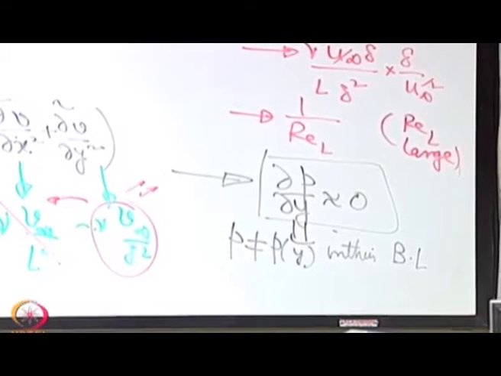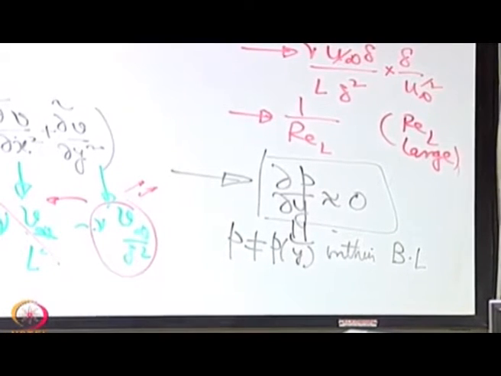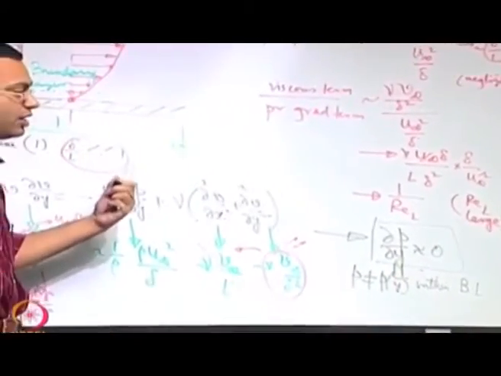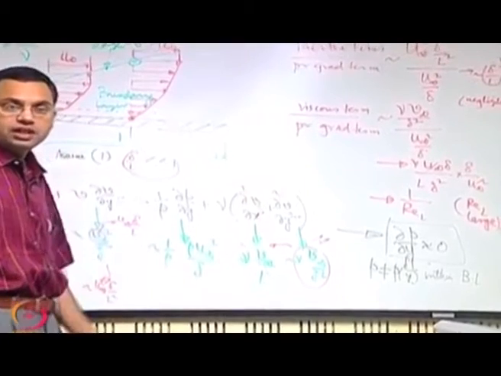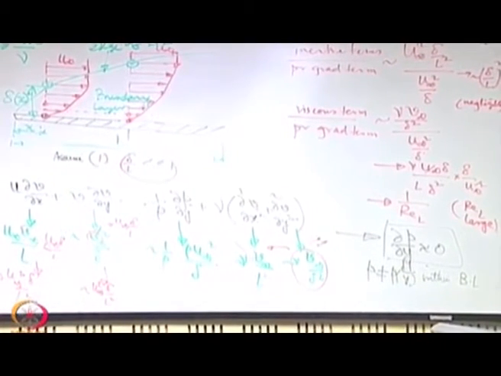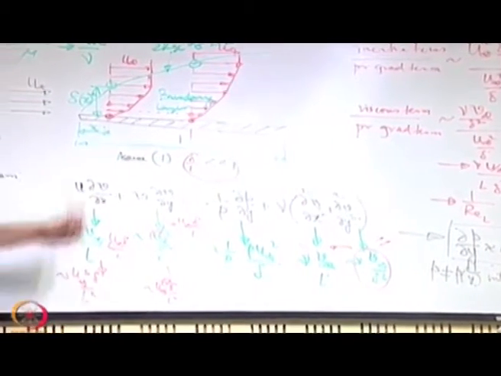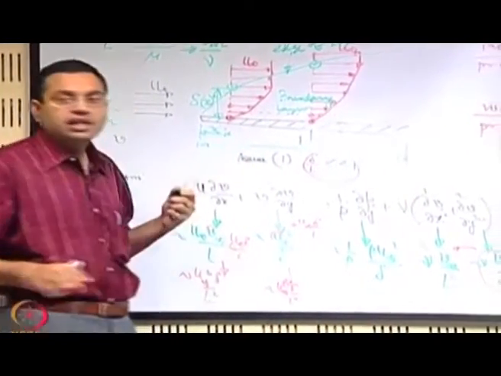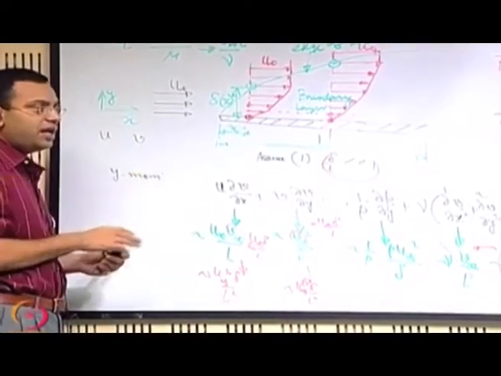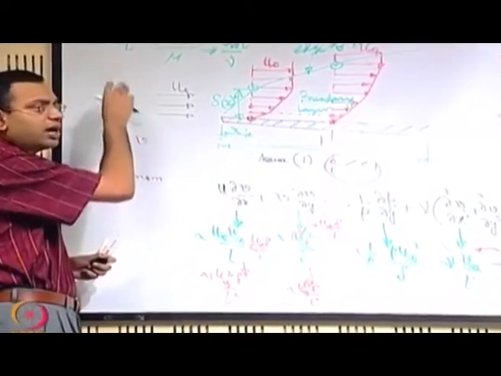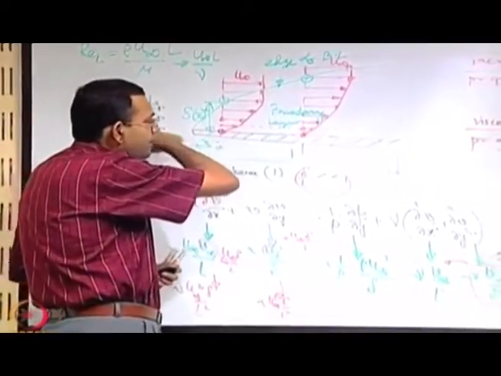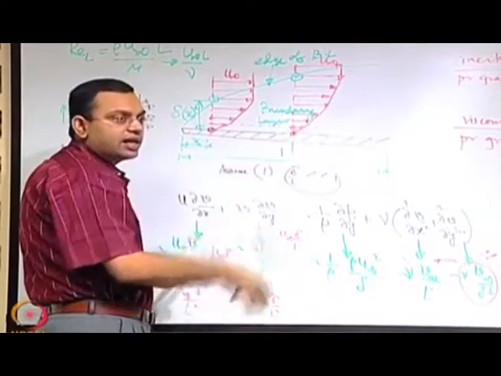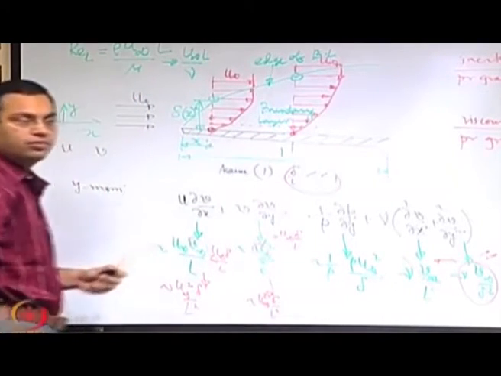What are the considerations that we used for this? The considerations that we used for this are delta by L much less than 1 and Reynolds number large. These are the two considerations that we used. Now one of the important things that we should mention at this stage is that these x and y coordinates are generic. For flow over a flat plate you have a natural choice of x and y, that means the plate is a flat one, so along it you can orient a linear x direction and perpendicular to that y direction.